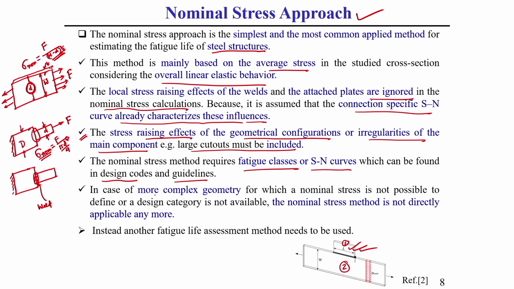In case of more complex geometry where fatigue class data or S-N curve data is not available, we generally avoid the nominal stress approach. For those types of complex geometry it is better to use some other fatigue life estimation method.